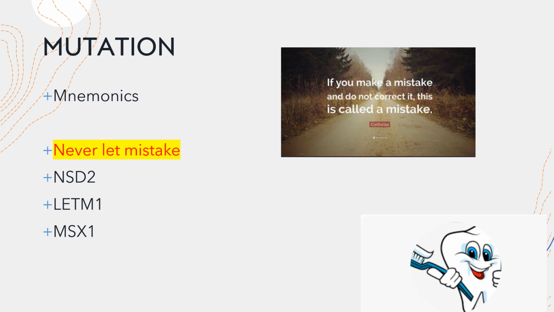Never stands for NSD2, let stands for LETM1, and mistake stands for MSX1. This is how the mutation of this syndrome is related: the mutations in Wolff-Hirschhorn syndrome are NSD2, LETM1, and MSX1. I hope this makes your doubts about this syndrome easier.